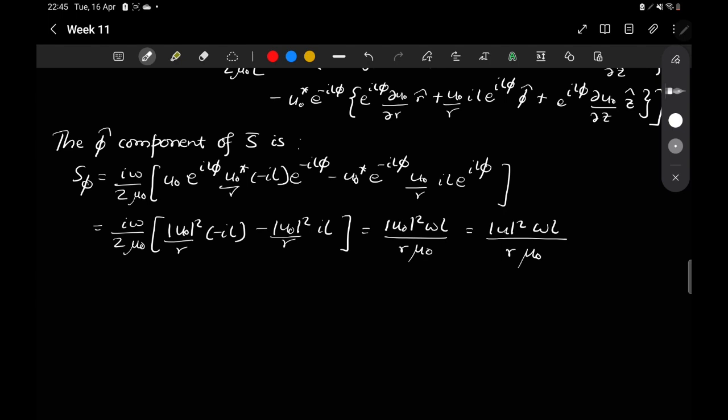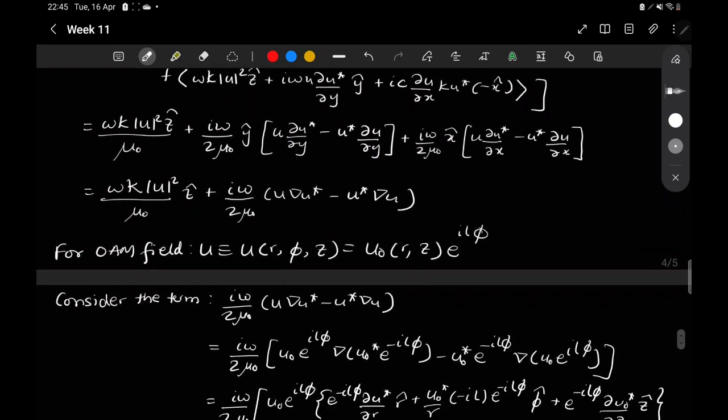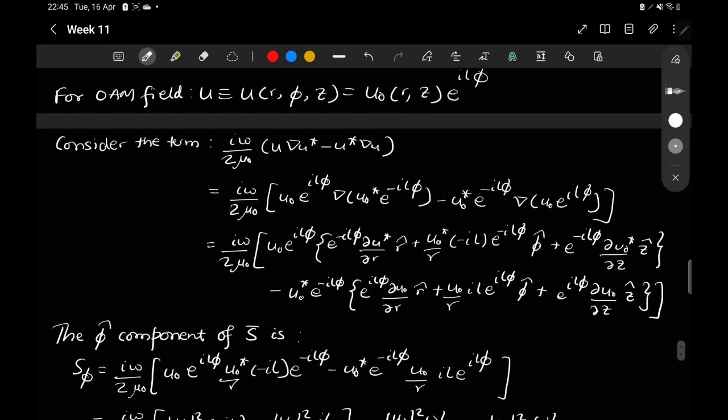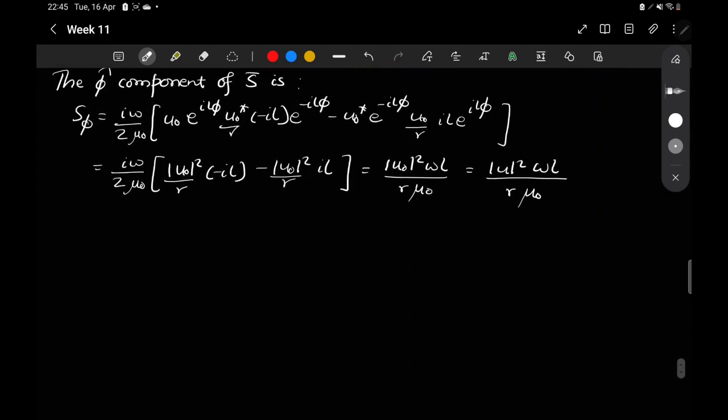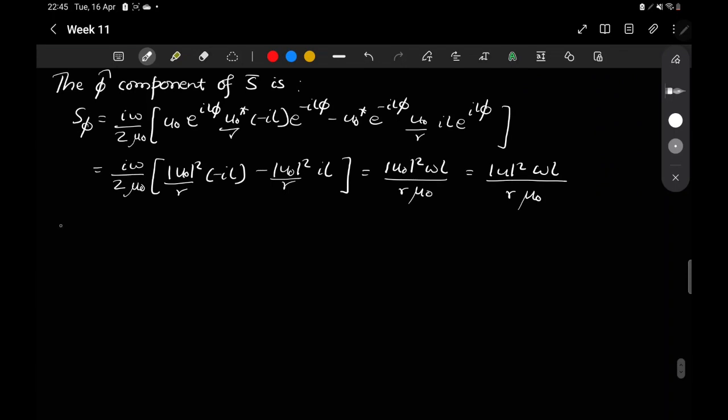Why I replace this u naught with u? Because this term will cancel out when you take mod squared. So u naught can be then replaced with u. Now we can find out the angular momentum density.